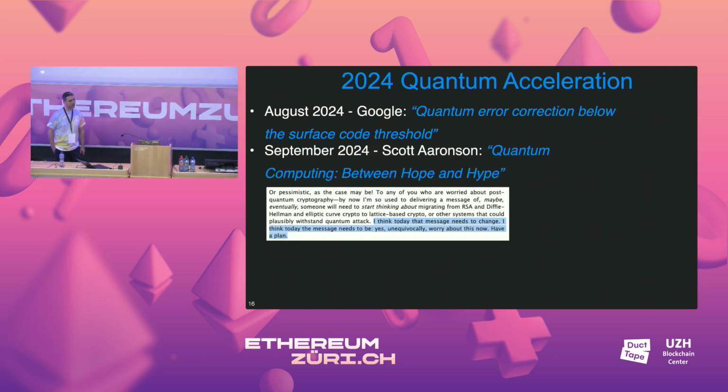But people that follow Scott Aaronson, one of the main people in quantum computing, saw that he kind of shifted his message. Before he was saying, yeah, start to replace your algorithms with something else, and now he was kind of urging people to really start replacing their algorithms with something that's not RSA or elliptic curves.